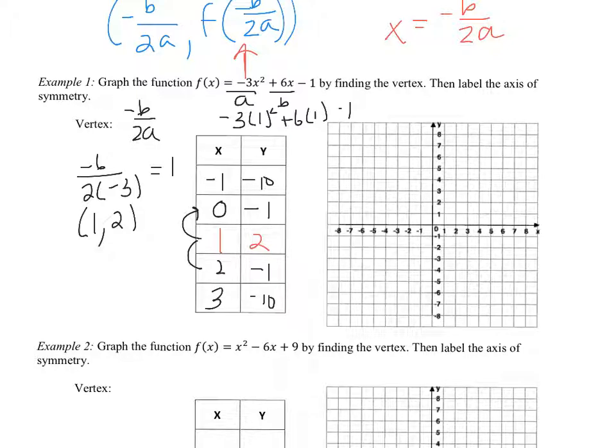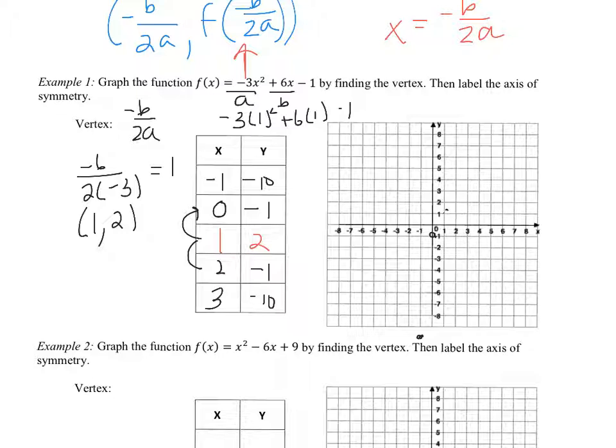Now I just need to plot these points to make my parabola. Negative 1, negative 10 is down here, kind of off the chart. 0, negative 1, 1, 2, 2, negative 1. Oops, I did 2, 1 instead of 1, 2.